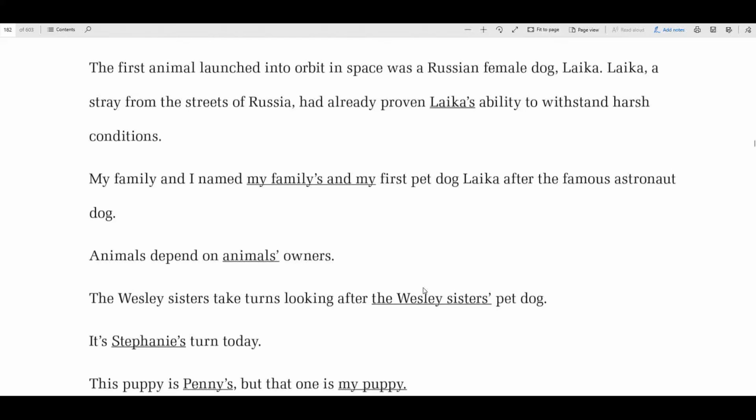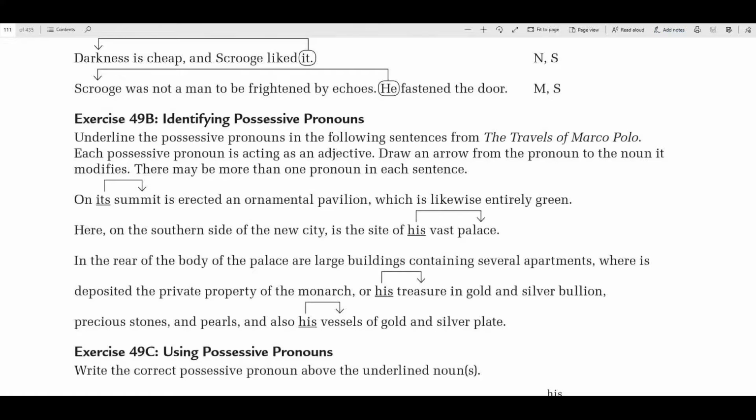All right. See if you can pause it and finish these. You'll have to read it all together as content. You'll have to kind of understand what it's telling you, and then just put the correct possessive pronoun right above it, and we'll check it. All right, let's give her a check.